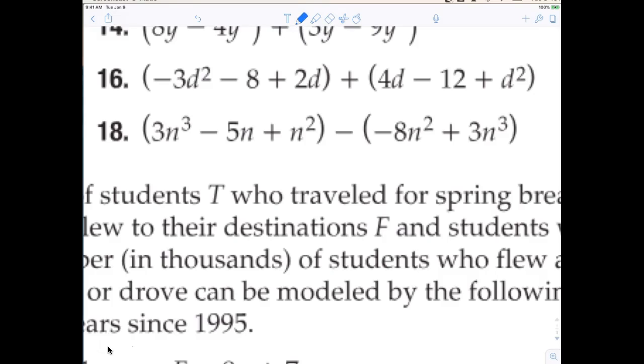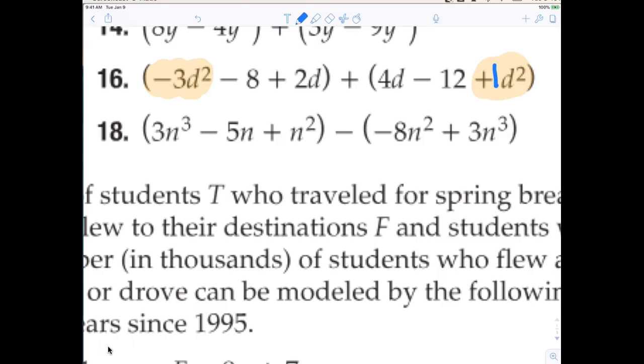The square terms you combine with the square terms. You see the little highlighted? Those are both the squares. Do you agree? So now it's negative 3d squared plus 1d squared.